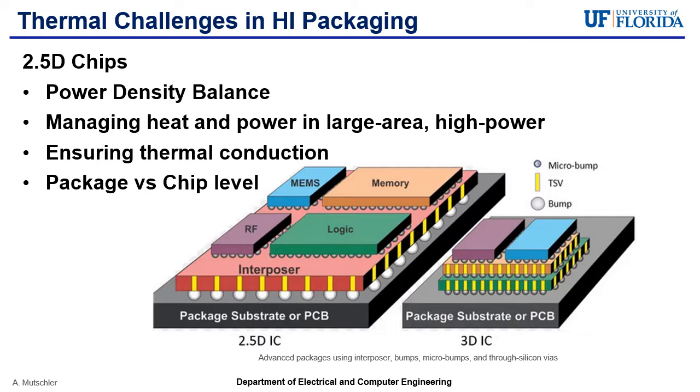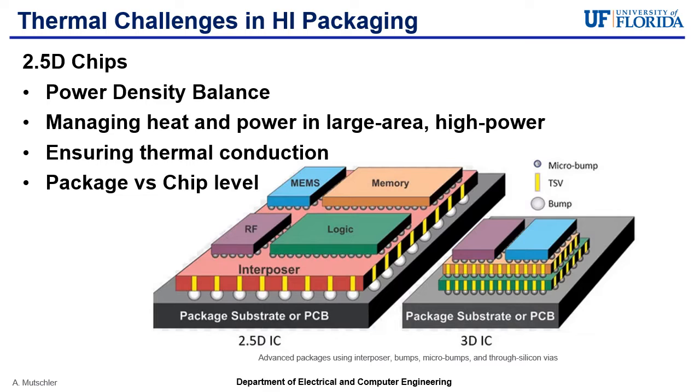Ensuring efficient thermal conduction is also important. The heat generated by the chip must also be spread evenly and dissipated effectively to prevent hotspots that can impair function or lead to failure. At both the package and chip levels, a balance must be held. The package, which houses the chip, must support this heat management, often through materials that have good thermal properties and design features that aid in the movement of heat.